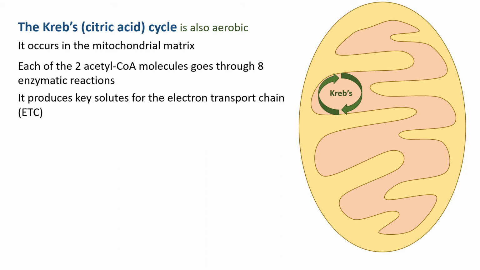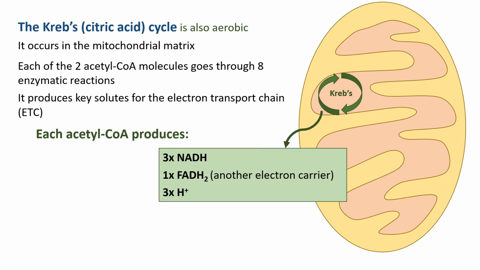What is important is what it produces. So again, it produces key solutes for the electron transport chain. Each acetyl-CoA produces 3 NADH, so our electron carriers. It also produces 1 FADH2. This is another electron carrier, a different type, same job.